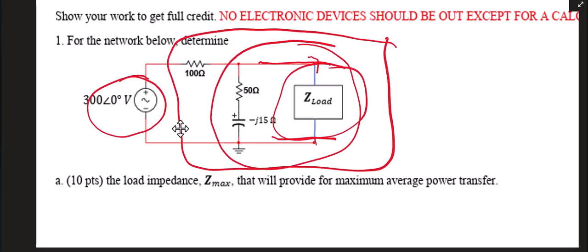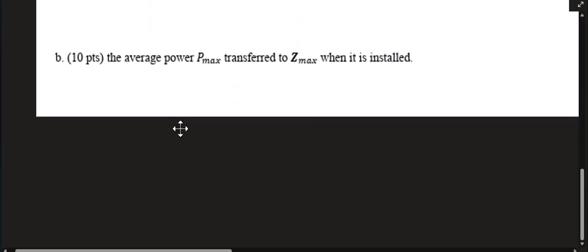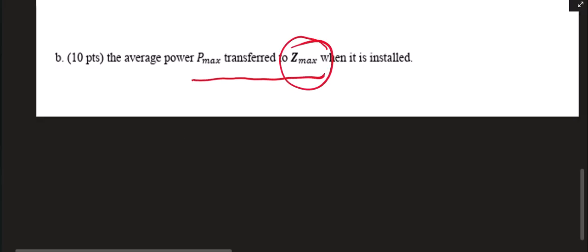And so I don't know who asked the question about why I didn't add in the resistor. The reason is because if it had asked for the entire power consumed by the circuit, then you add everything up. But the specific question is asking average power Pmax transferred to Zmax, and Zmax is just that right-hand part.